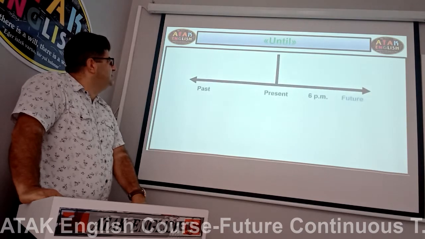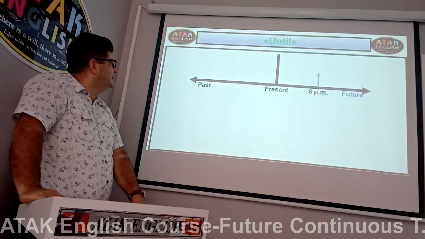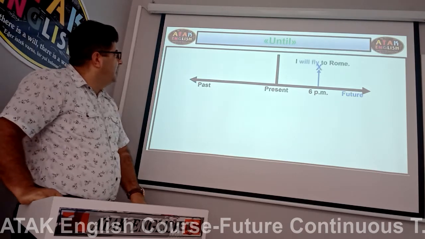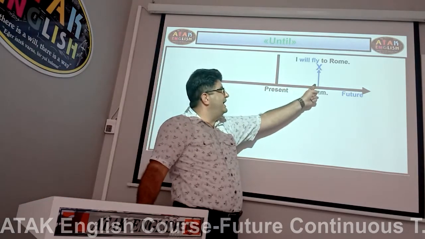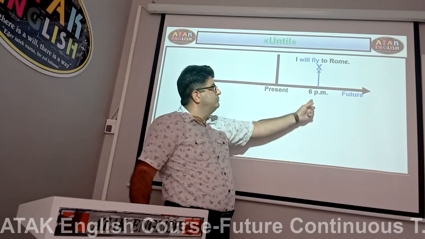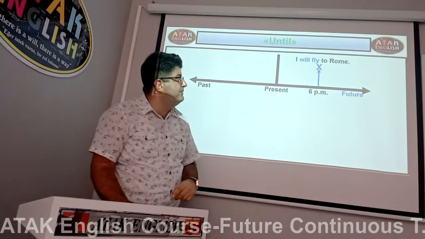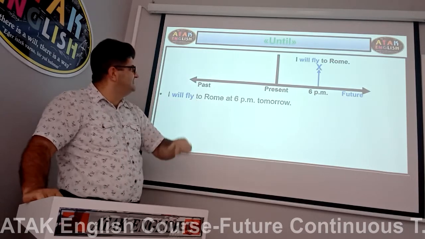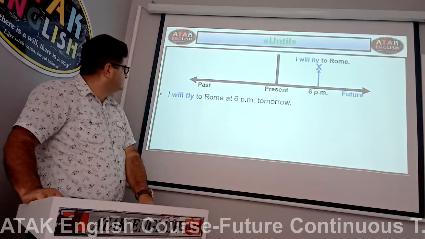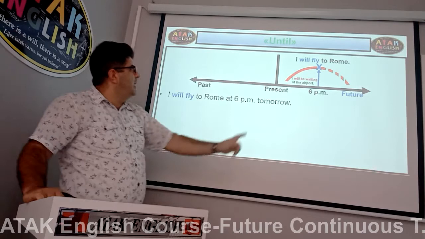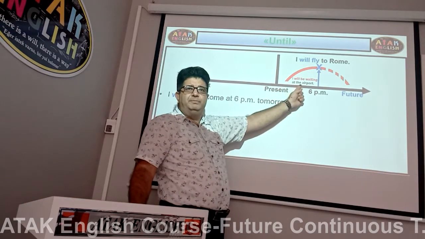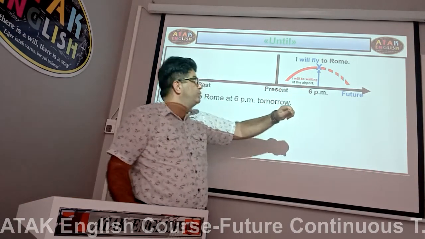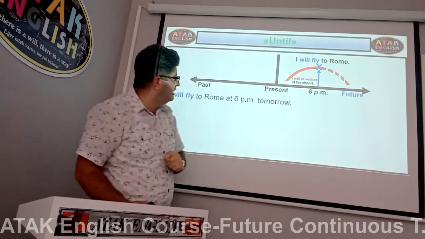Let's see how we can use until. I will fly to Rome, let's say at 6 p.m. I will fly to Rome at 6 p.m. I will be waiting at the airport. Let's combine it with until.